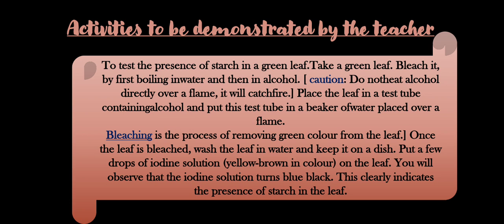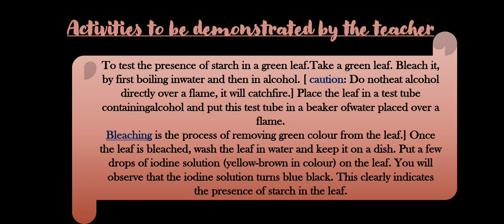When we are heating the alcohol, we will not keep it directly on the gas flame, otherwise it will catch fire. In the test tube we will put some alcohol, then put the leaf inside the test tube and put this test tube in a beaker of water placed over a flame.